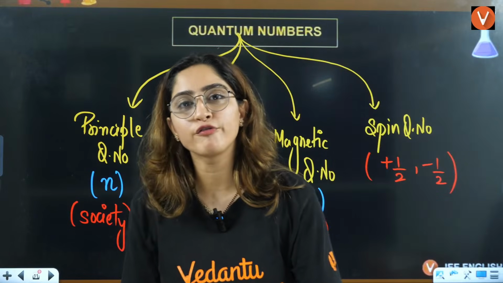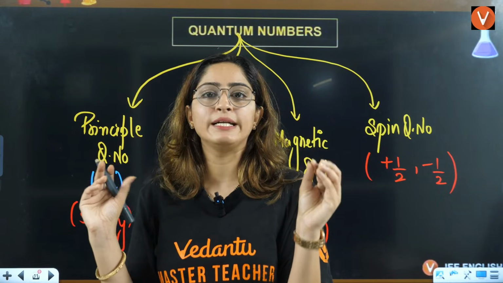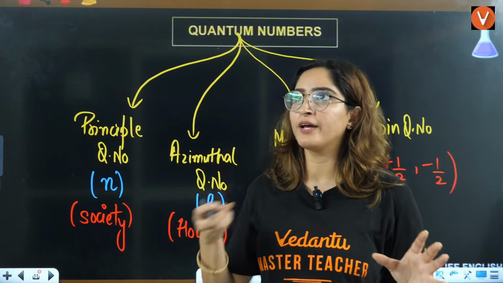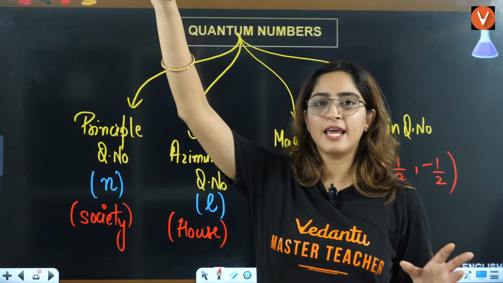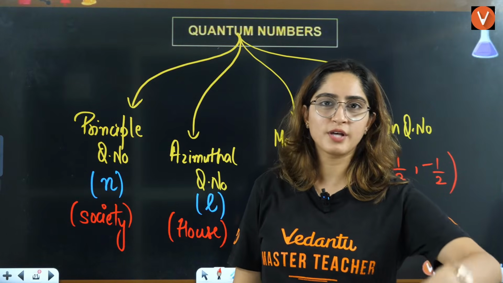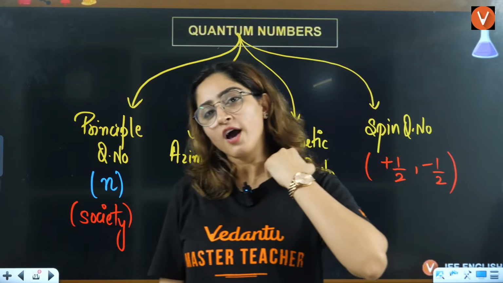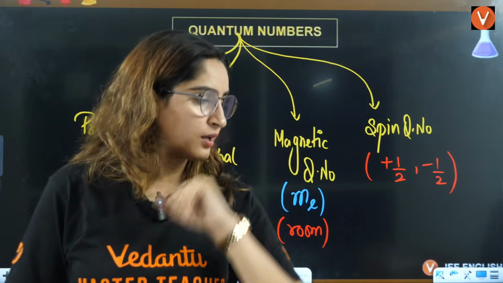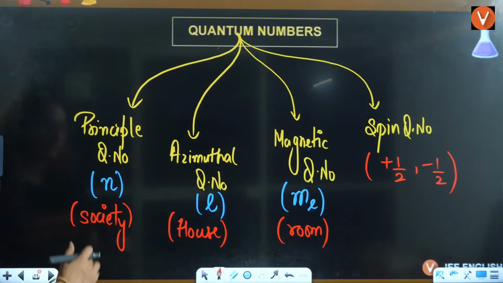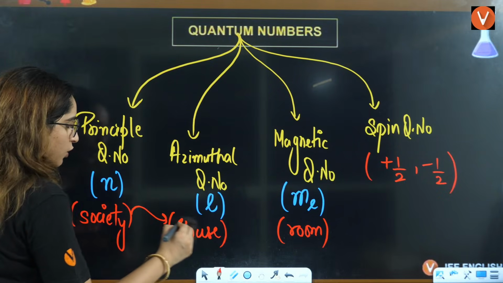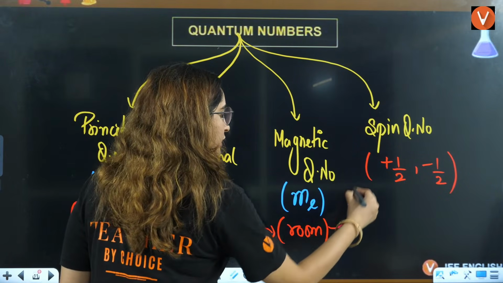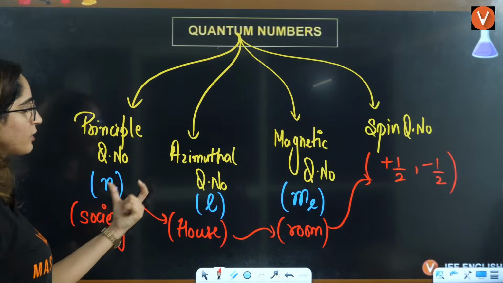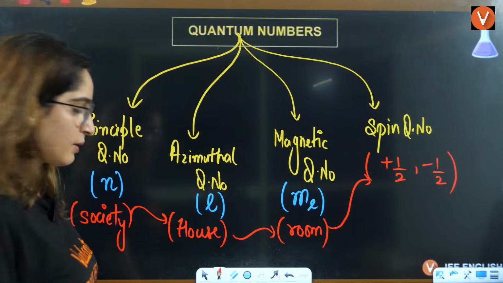Is your friend's room well maintained, with no chaos, or is your friend living in a very messy way, with clothes on the AC and shoes here and there? Similarly, you go from society to house to room, then to the way they are living. Similarly, we'll go from the principal to azimuthal to magnetic quantum number and then spin.